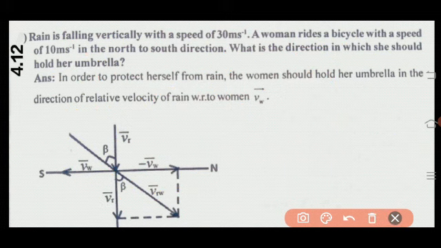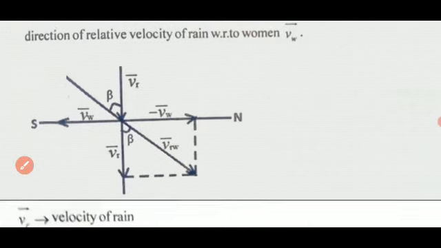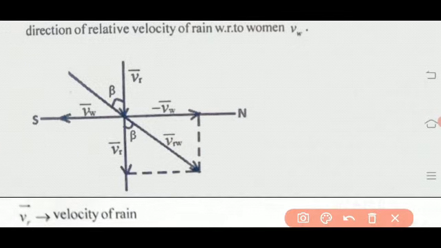Okay, just to draw the graph. This line shows the north and south direction. The woman rides her bicycle from north to south direction, but the rain is falling vertically.